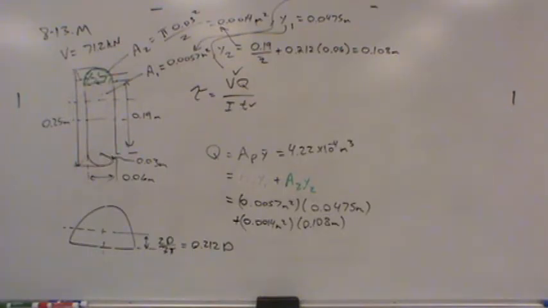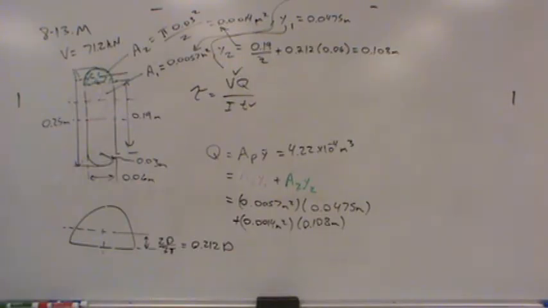The center of that area is at 0.25 over 2, because the overall height of this thing is 0.25. And then the area moment of inertia is 1/12 b h cubed, about its own centroid. So that's going to be 0.06, that's the base, times the height, which is 0.19 cubed divided by 12.